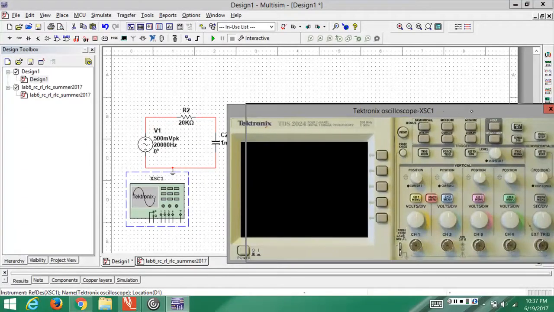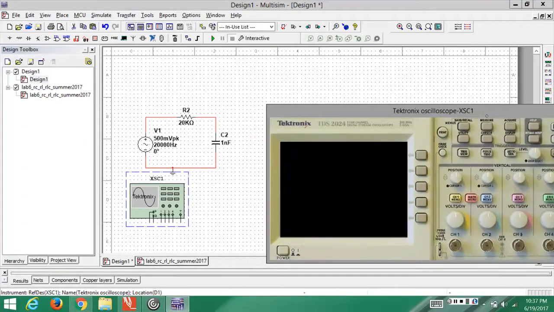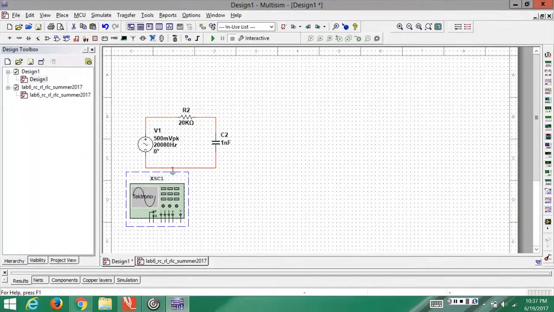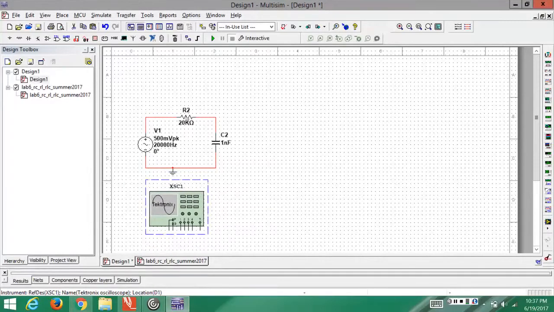So I'll keep it on the side. There is something that's slightly different when you are setting up this oscilloscope to measure the voltage across this resistor R2 and the voltage supply V1.